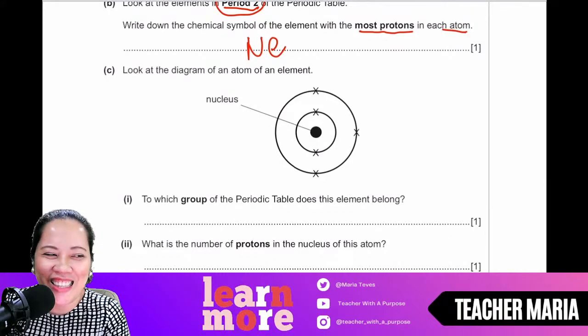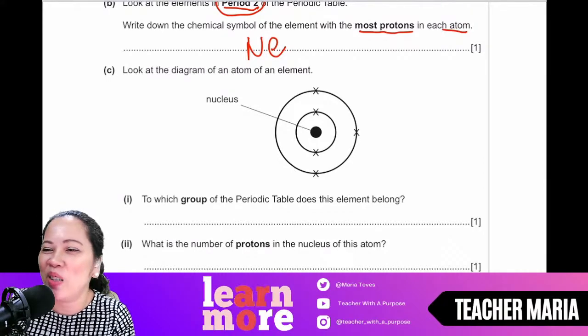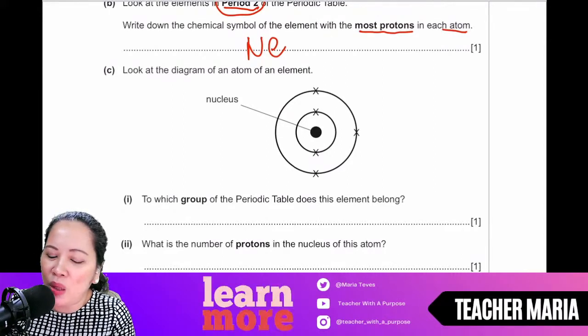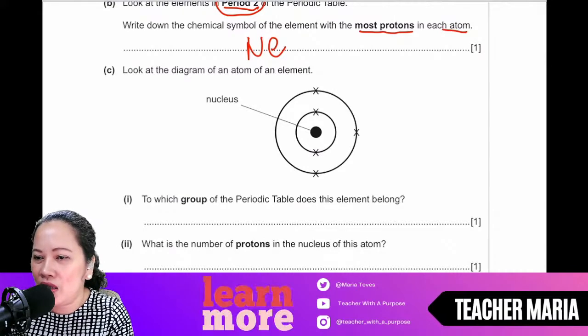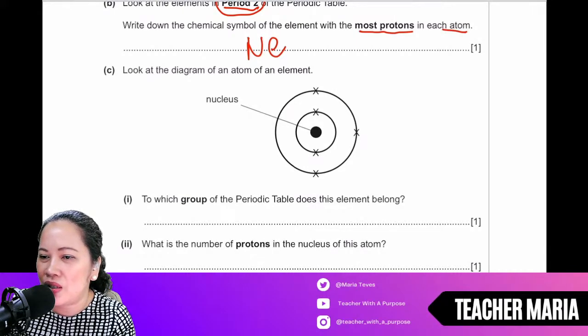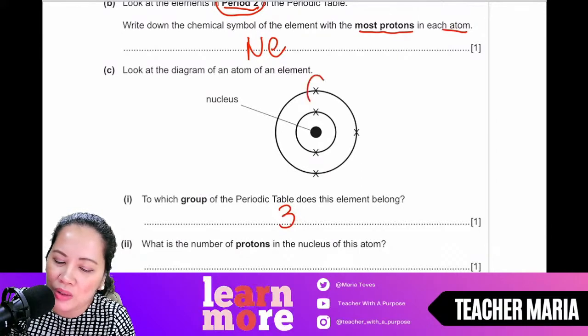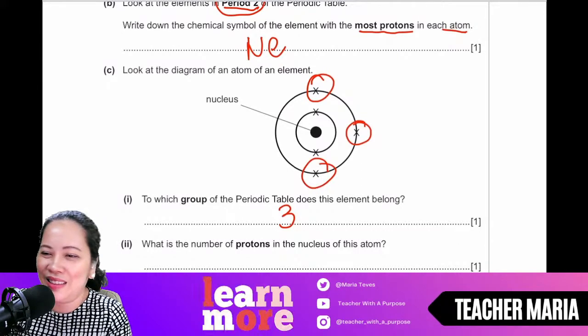It's not irrelevant. It is part of the periodic table. You cannot just disregard it. Okay. So when we are given the group, 3, because 3 electrons outermost. Yes, correct. Very well done.